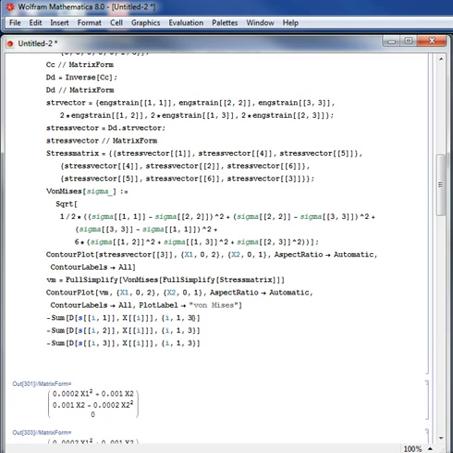Rho B1 is equal to the following. So rho B1, the first component, I'm going to just call it B1, B2, and B3.